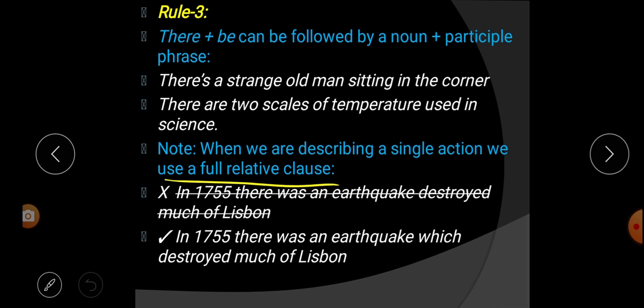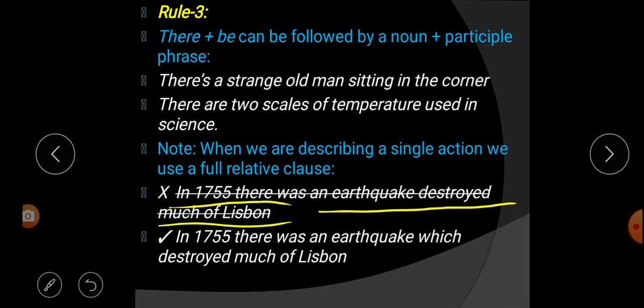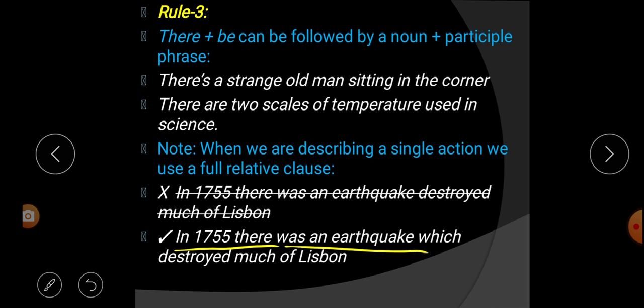We use a full relative clause. So let us take an example. In 1755, there was an earthquake destroyed much of Lisbon. It is incorrect. So what is correct? In 1755, there was an earthquake which destroyed much of Lisbon.